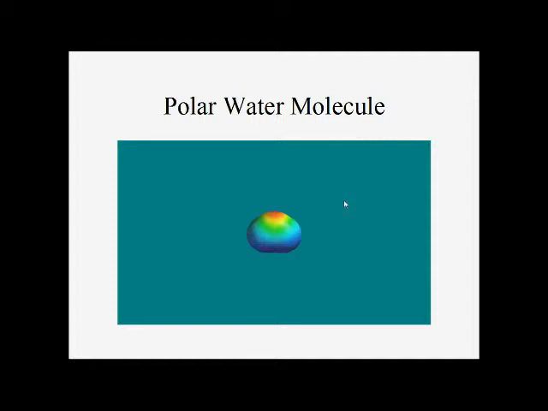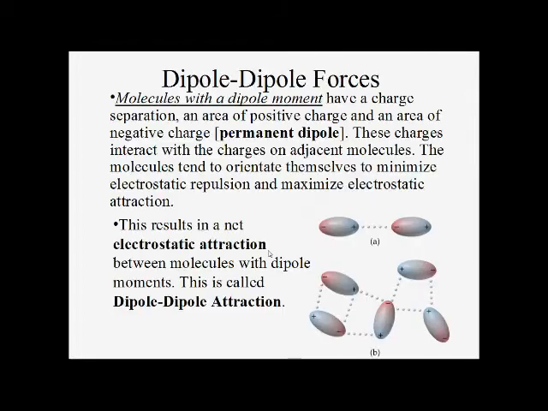This is the electrostatic potential map of water, again, where we have the negative side of oxygen and the positive side of hydrogen. With dipole-dipoles, the attractive force comes from the fact that the molecules have a permanent positive side and a permanent negative side. So the molecules will do their best in solids and liquids to arrange themselves so the positive side of one is adjacent to the negative side of the other.